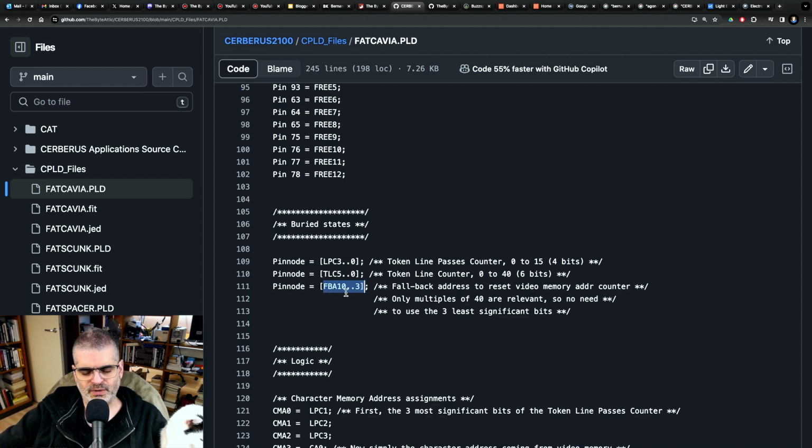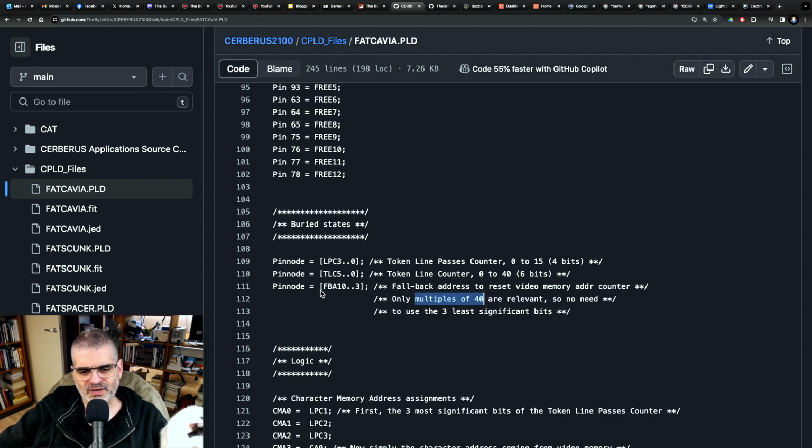The fallback address 10 to fallback address 3. Now, why do I need only 8? Because in principle the address is 11 bits wide. Well, it's because I know these are always the first address in the line. In other words, they are multiples of 40. And therefore the 3 least significant bits are always 0. So I don't need a flip-flop to store that. I know that they are always the same.